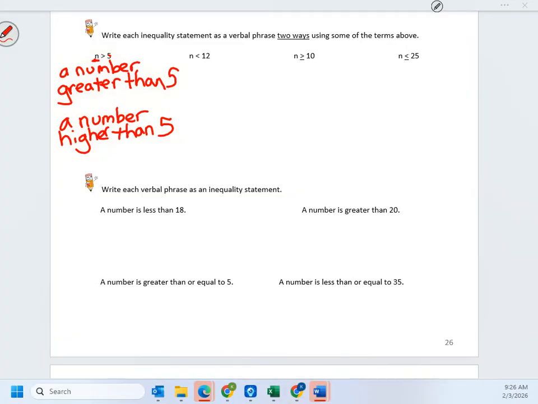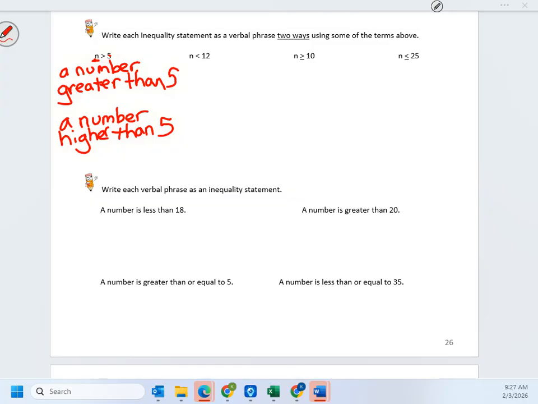Some of us are ready to go backwards and do it the opposite way. Some of us are like, oh, that's kind of confusing me. So don't do that. Okay? If what I just said doesn't quite make sense, it's okay. That's the challenge that you don't have to be ready for in 6th grade math.